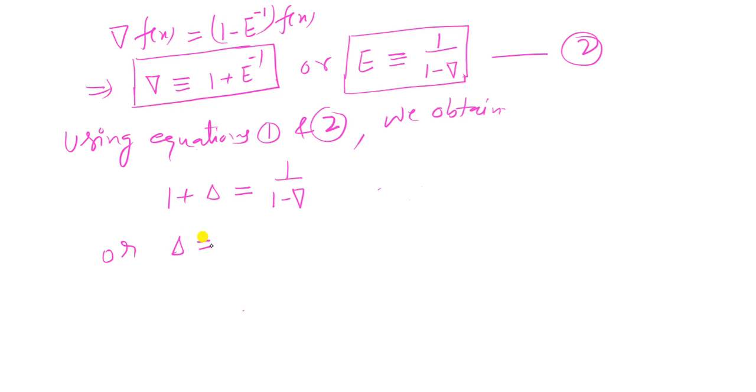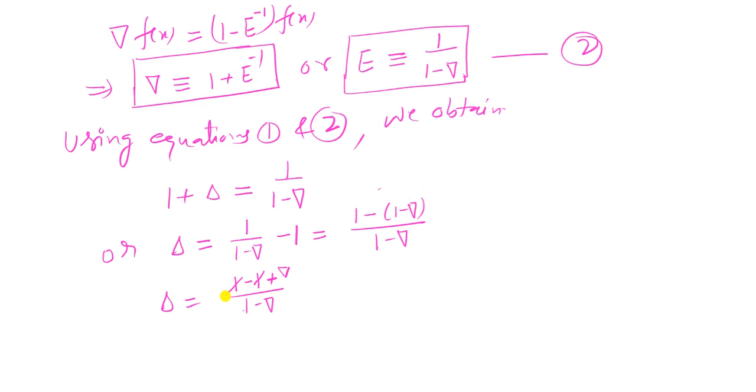forward difference operator del is equal to 1 upon 1 minus backward difference operator del, minus 1, and this is equal to del upon, because we can write this as 1 minus backward difference operator del upon 1 minus backward difference operator del, or del is equal to 1 minus 1 plus del is equal to 1 minus del.